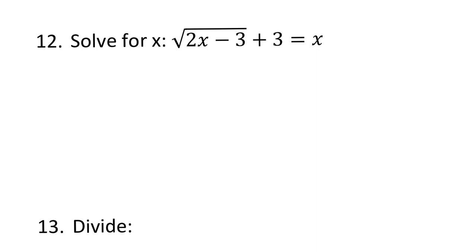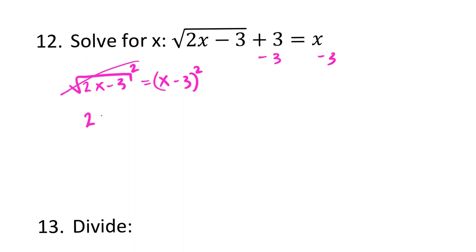All right, question 12. We want to solve for x with the radical, but first we want to isolate the radical. So there we go. And then we're going to square both sides of this equation. So if I square the left side, my square root cancels. And then the right side becomes x squared minus 6x plus 9.